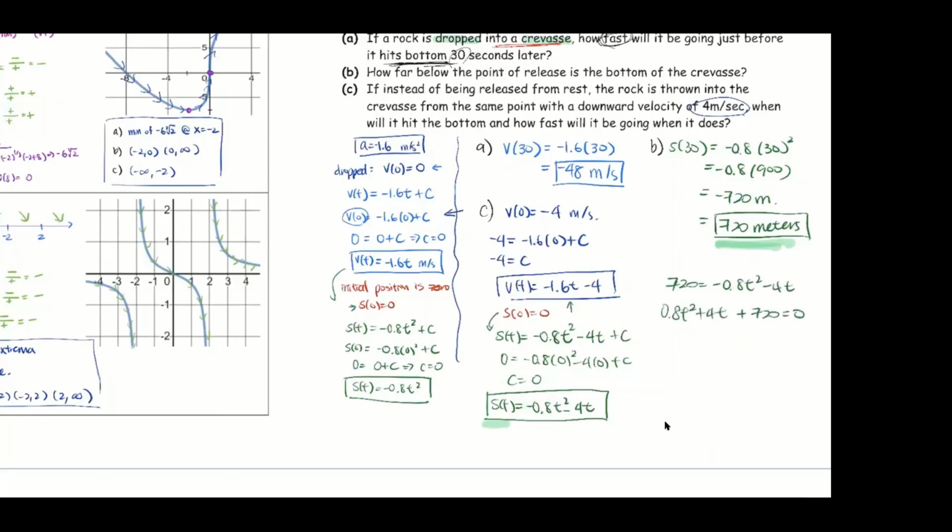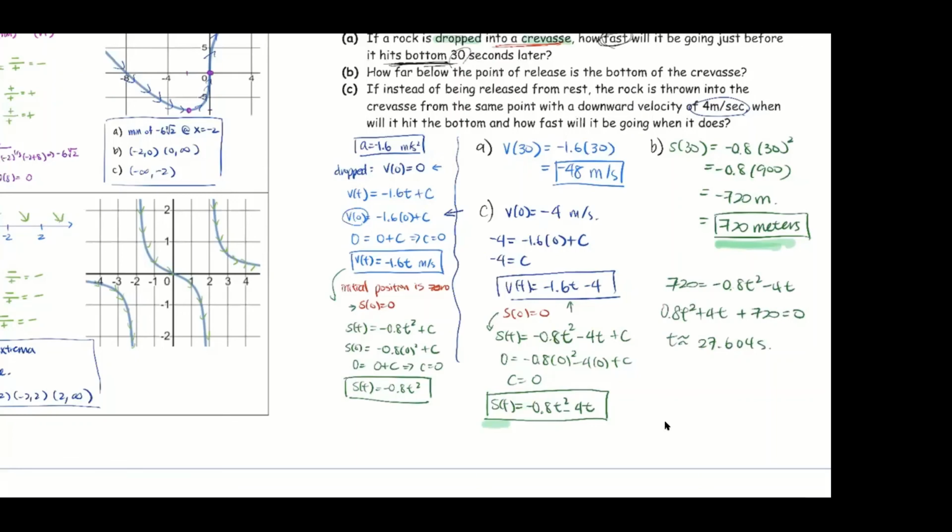Okay. In the interest of time, I will tell you that this is not factorable, so I use the quadratic formula, and I got t is about 27.604 seconds. Okay, so you will get two answers, right? Because this is the quadratic formula, and this is where the negative answer doesn't work at all. So there is no negative time. You can have negative distance, you can have negative velocity, but not negative time.